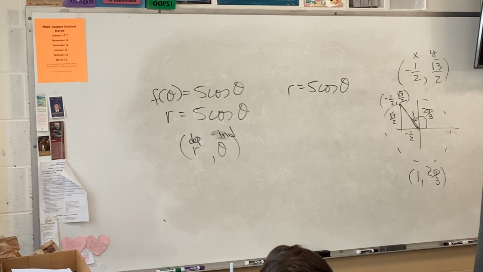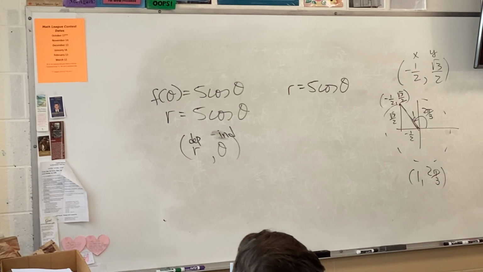But now I need you to click down to, right now, function, FUNC is probably highlighted. You need POL to be highlighted. We're going into polar mode. So you need to click over to polar mode. Okay, everybody good? Now we're going to go to window. And for the time being, we're all going to set it up the same so that we're all looking at exactly the same picture.